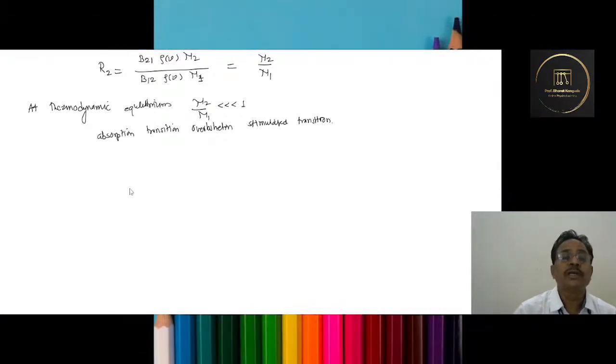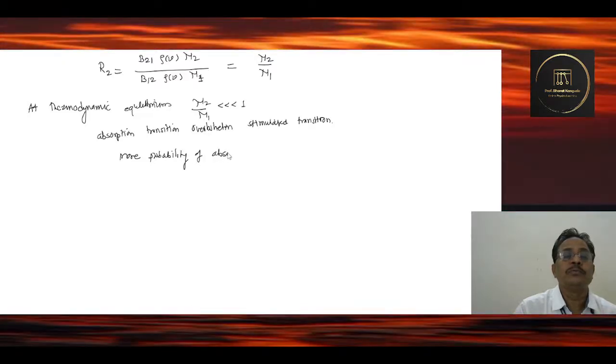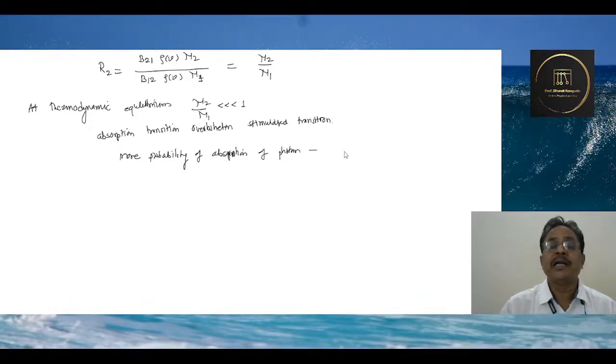So there are two actions, as I said earlier. Absorption is dominant, meaning whatever photons are available, because N2 is much less than N1 at thermodynamic equilibrium, there is a higher probability of absorption of the photon, rather than the photon hitting an excited atom.